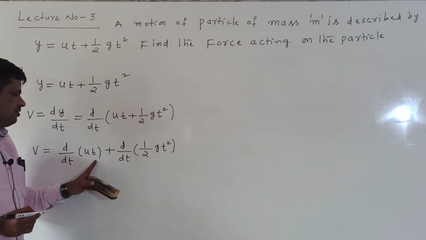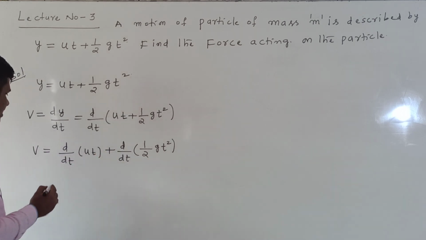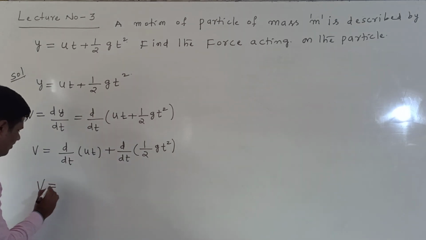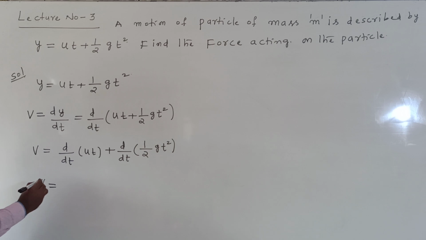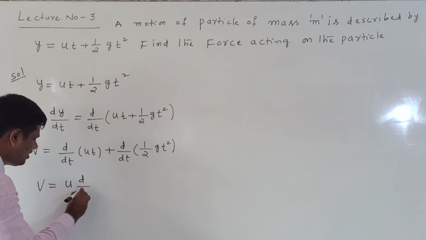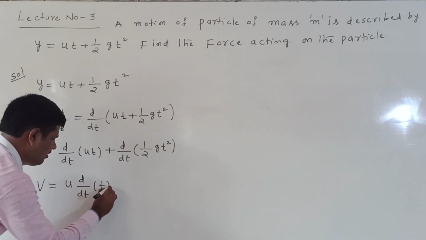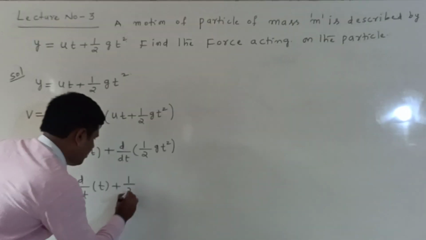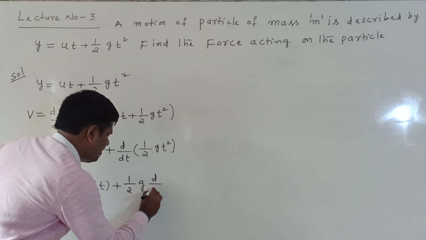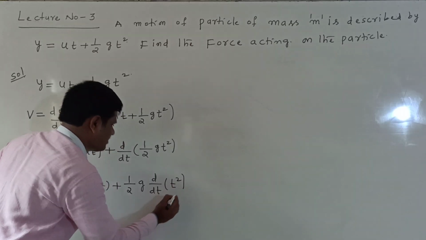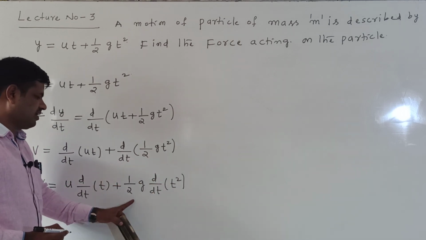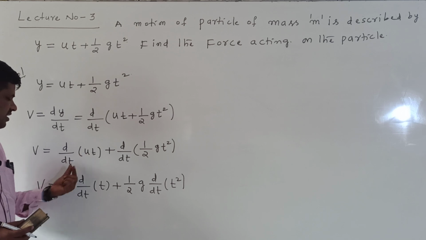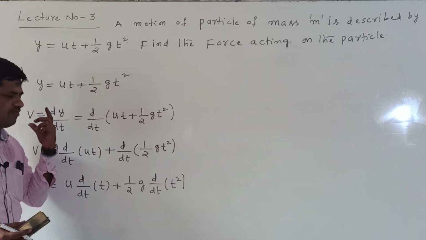So the velocity v equals, here u is a constant, taken outside, d by dt of t, plus half g, where g is a constant, taken outside, d by dt of t square. Here u is the initial velocity, a constant, taken outside, d by dt of t.